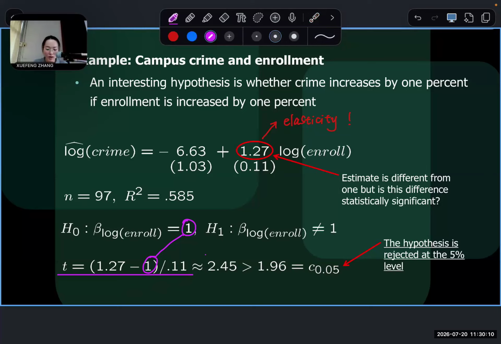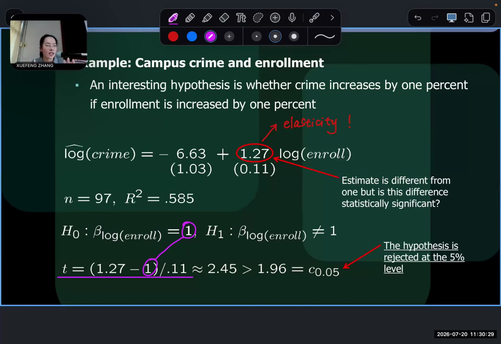And this one is approximately 2.45, which is greater than 1.96 at the 5% significance level, all right? So that means we can reject our H0 at the 5% level. Okay, clear about this example?